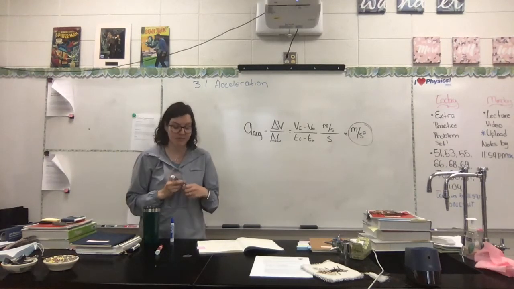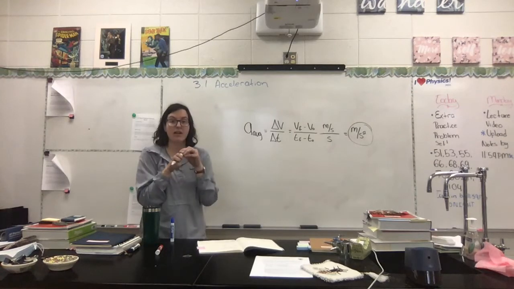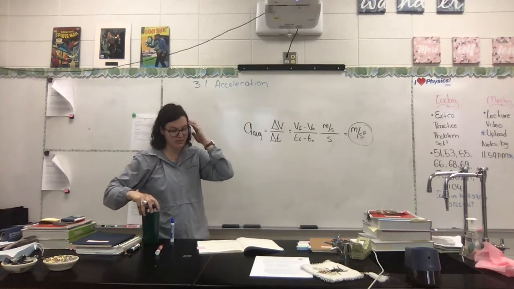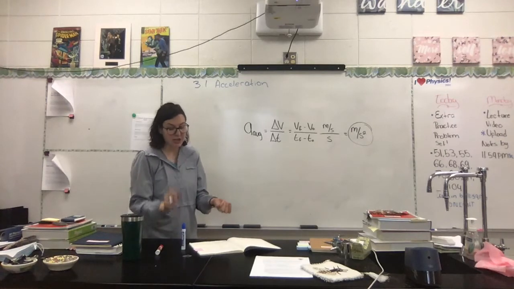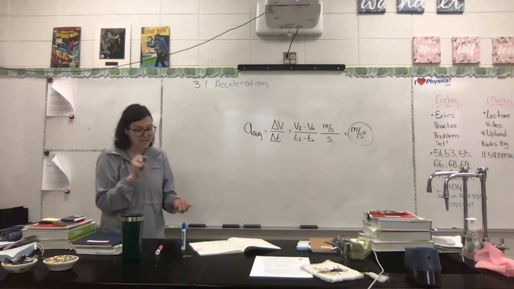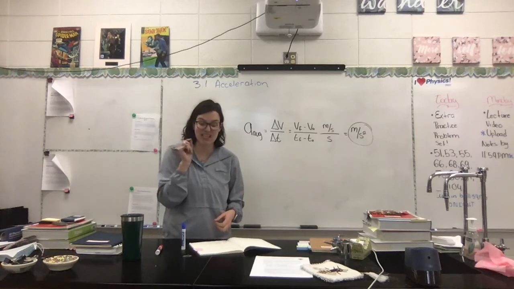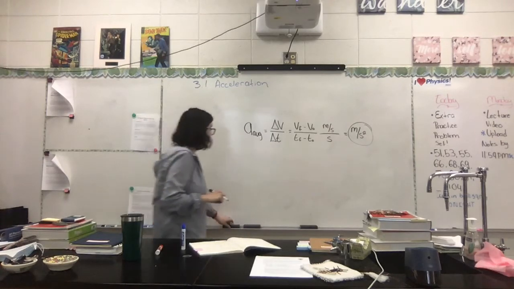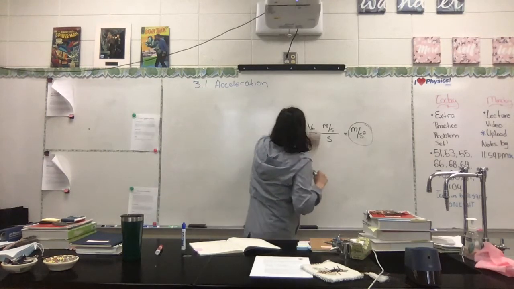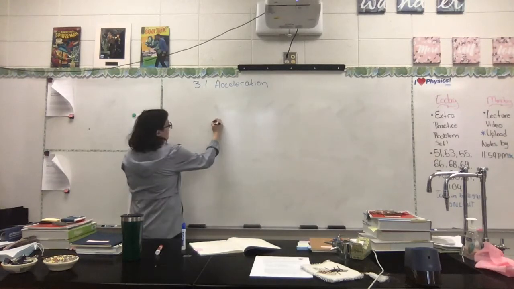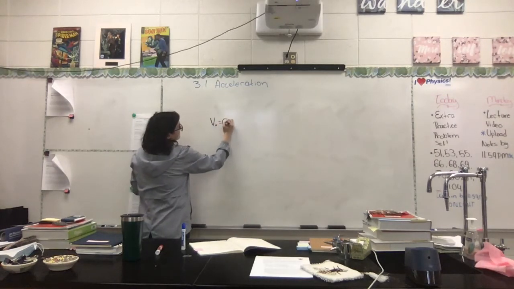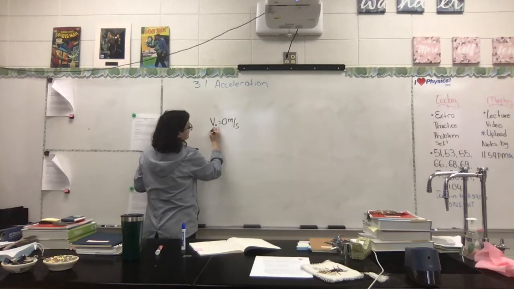So let's do some examples together, all right? First one, what's the acceleration? So we have an advertisement and it says that a car can go from 0 to 26.8 meters per second in 6.2 seconds. Okay. If that's what it's saying, we know our knowns are that our velocity initially is going to be 0 meters per second.